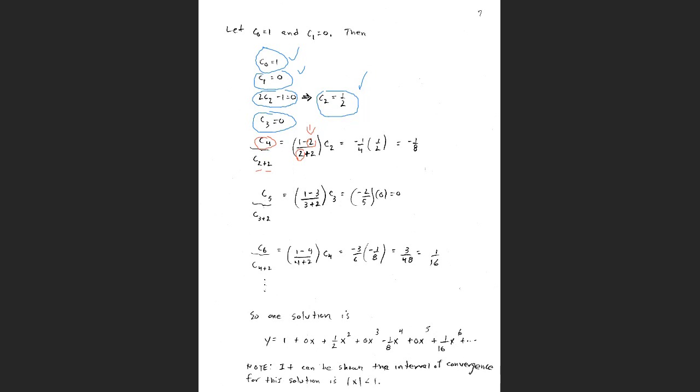But in the end, let's say you were solving an initial value problem, and my coefficients were different than your coefficients because we started off with different values for our beginning constants. In the end, we would get the same solution for our initial value problem. It doesn't matter really what coefficients you choose.